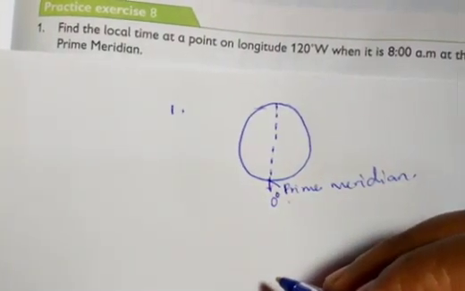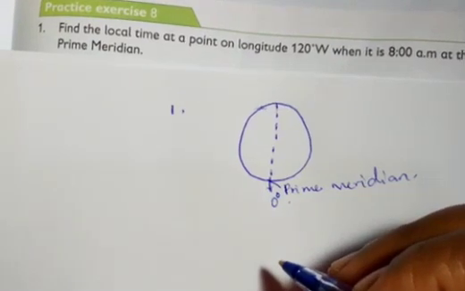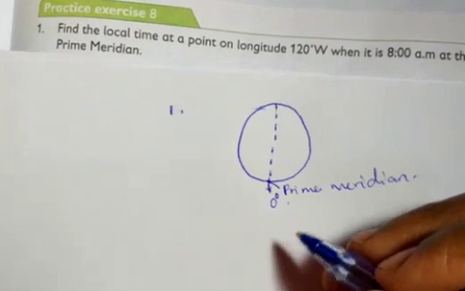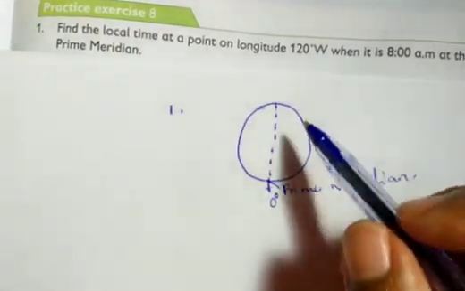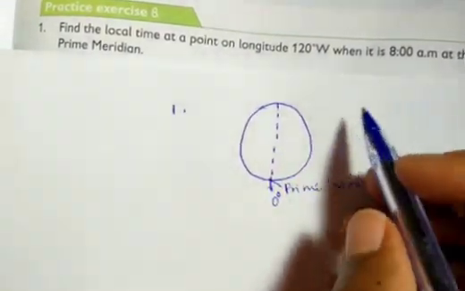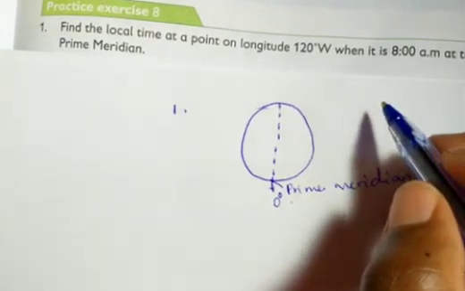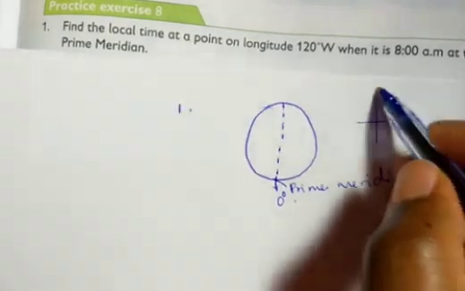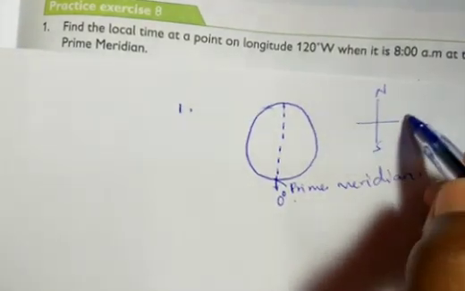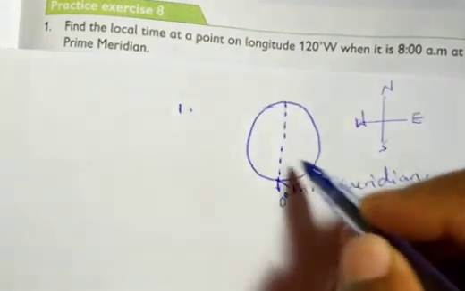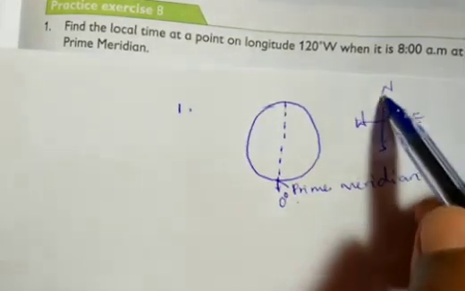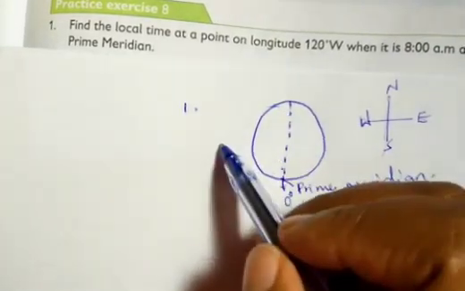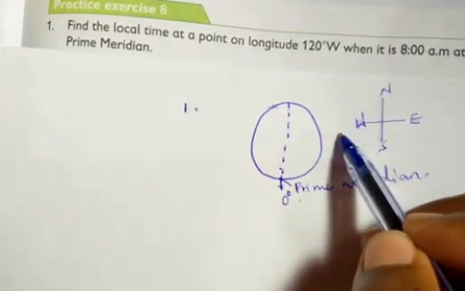Then we can locate the other longitude, which we are told is at the west, 120 degrees west. Other students have a problem locating west and east. It is just the same as using the normal compass direction: north, south, east, and west. It is west of the Greenwich meridian. The Greenwich meridian is at the center, so this is the west, this is the east.